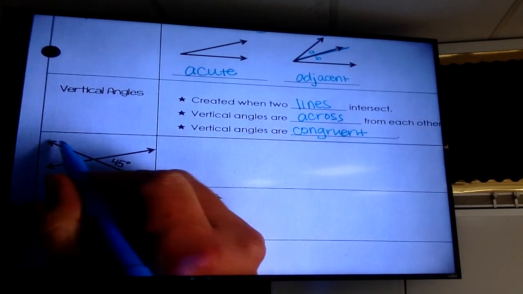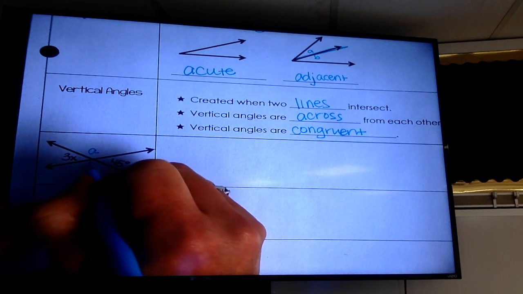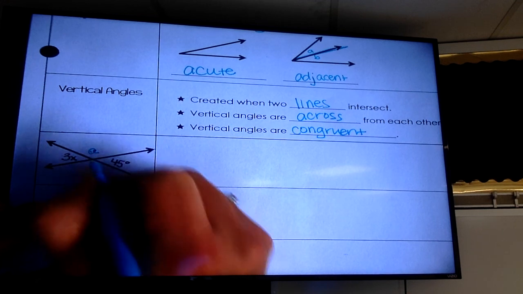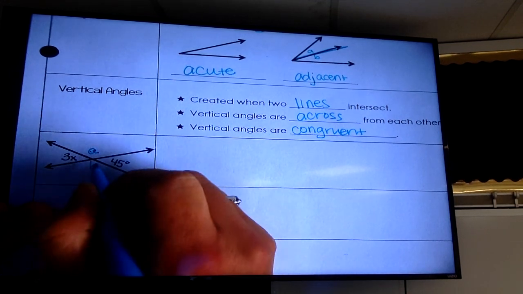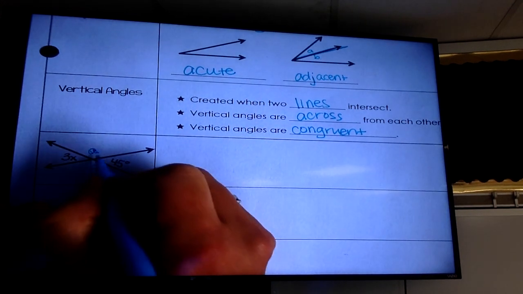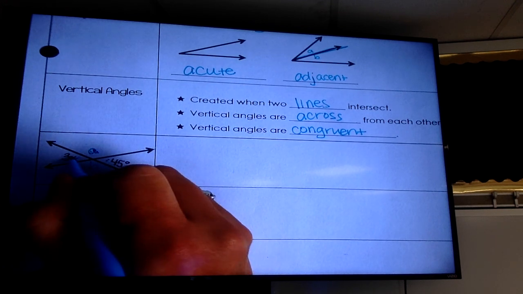Okay, so here I have a set of intersecting lines. If I were to label these angles, I would say angle A and angle B are what we call vertical angles. That means the angles across from each other are vertical. Not only these angles are vertical and congruent, but these angles on this side are across from each other.